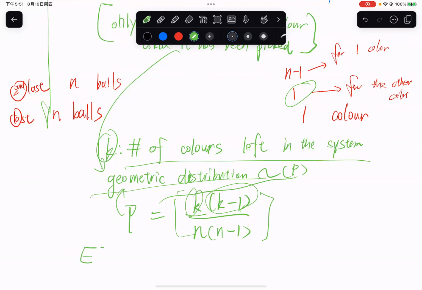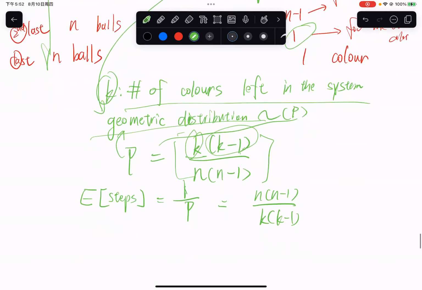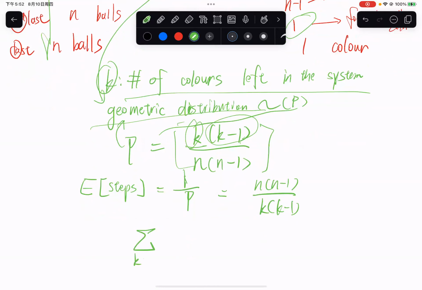So the expected steps is just what? 1 over P, according to the property of geometric distribution, which is just k(k minus 1) over (n minus 1), right? And we just need to take the sum from k equal to 2 all the way to n.